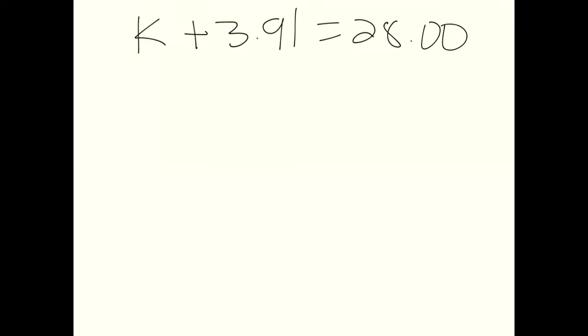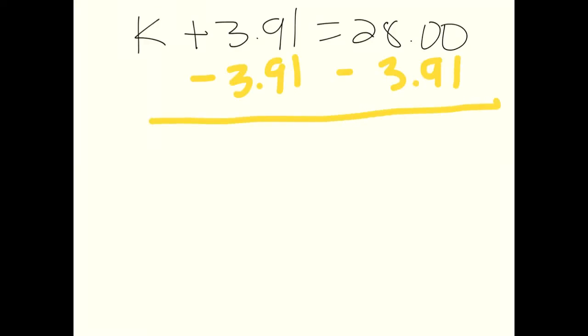To do this problem, subtraction undoes addition. Okay, so you would have to subtract these. So 3.91, then you have to do minus 3.91 here also. Then you do 28.00 minus 3.91.